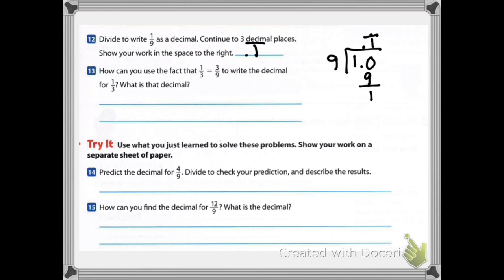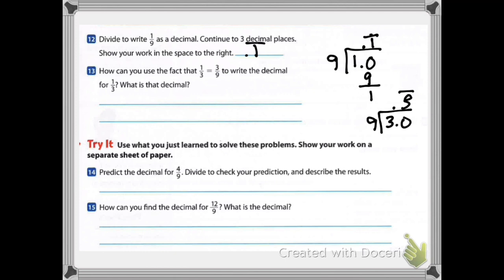How can you use that fact to write 3/9? How can you use the fact that 1/3 equals 3/9 to write the decimal for that? Well, I know that 3 divided by 9 is going to be a repeating 3.